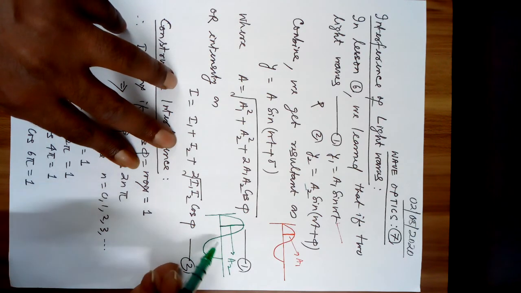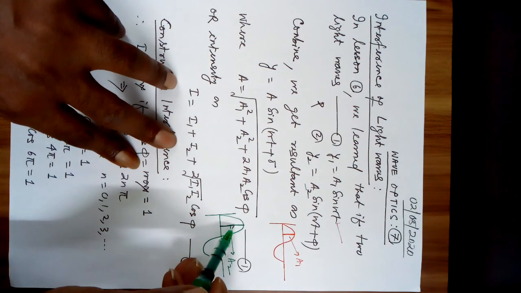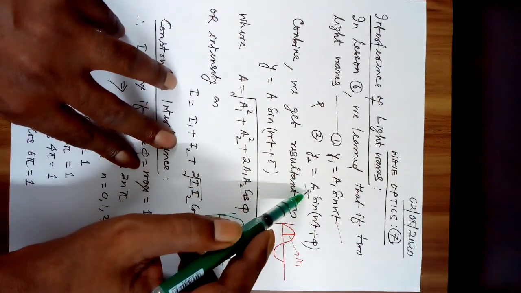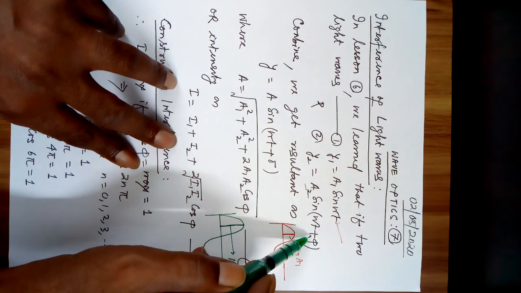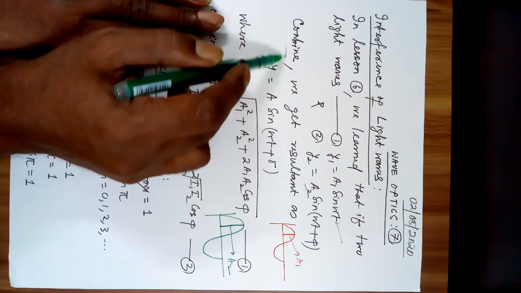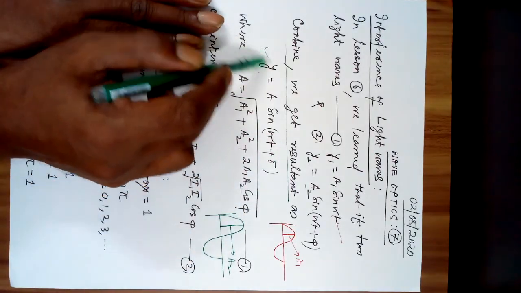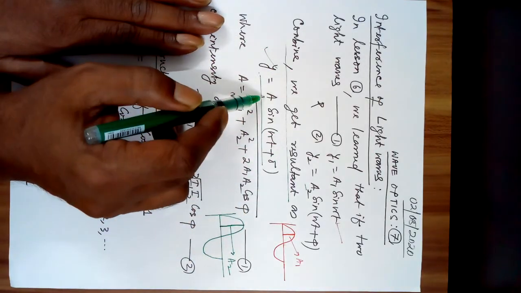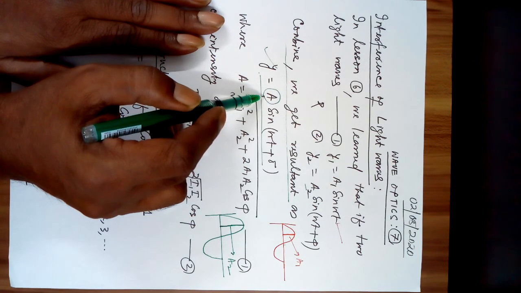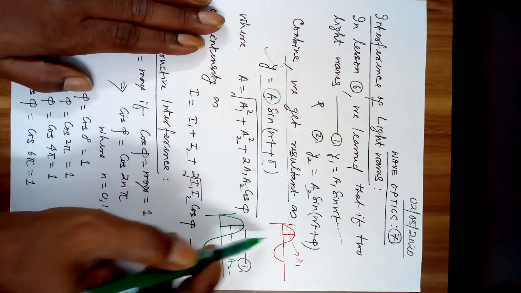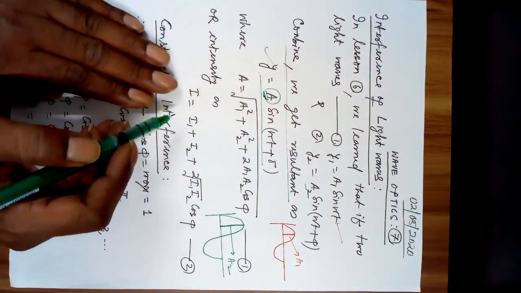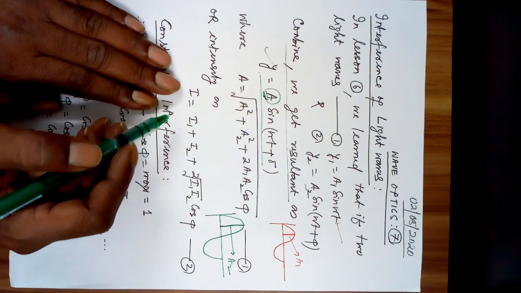And in the last lesson we also learned that when two such waves, y1 is equal to a1 sine omega t and y2 is equal to a2 sine omega t plus phi, combine, we get a resultant as this, where capital A is the amplitude of the resultant wave.